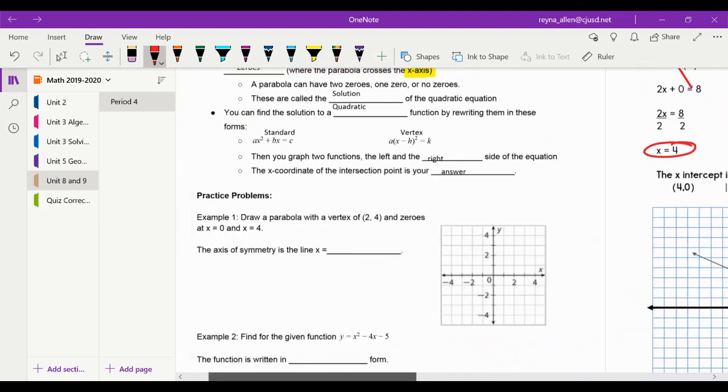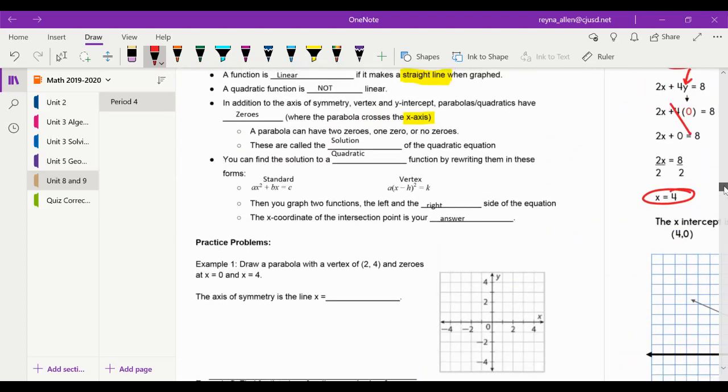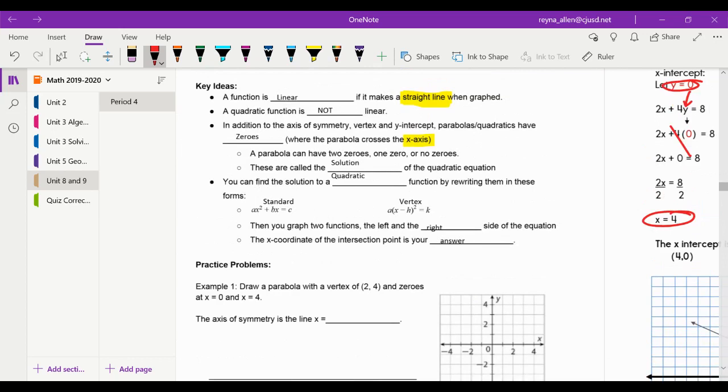So how does that relate to quadratics or parabolas? As we know, quadratics are not linear. They are U-shaped. They have different parts, like the axis of symmetry, your vertex, your y-intercept, and sometimes your x-intercept. But where it crosses the x-axis, that's called zeros.